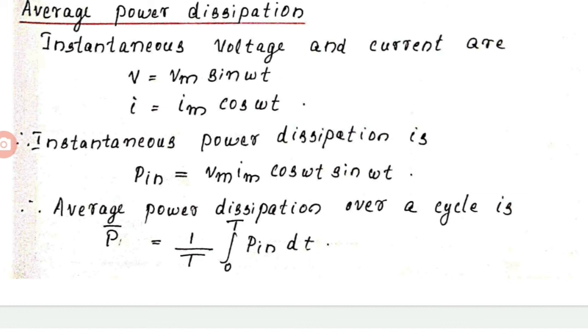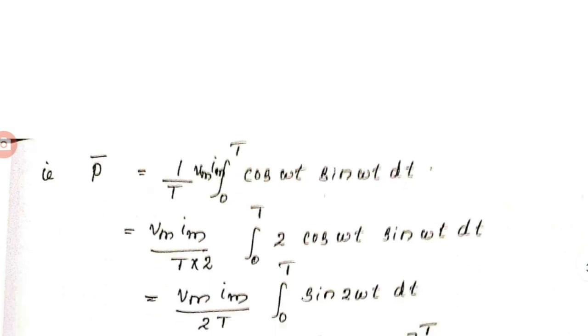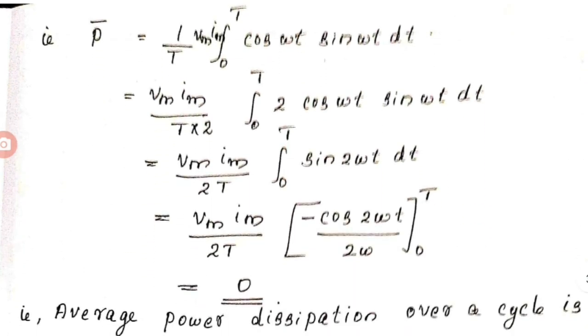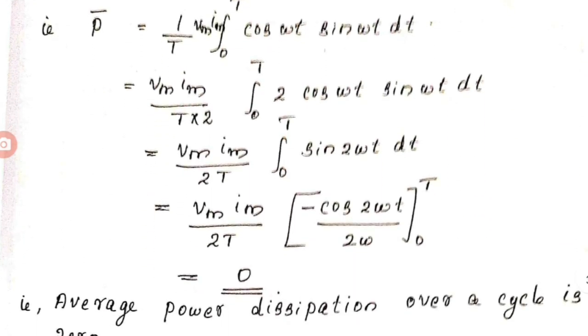Therefore, the average power dissipation is 1/T integral 0 to T of P dt. Now we have to substitute for P, so we have average power dissipation = 1/T Vm Im integral 0 to T cos ωt sin ωt dt.